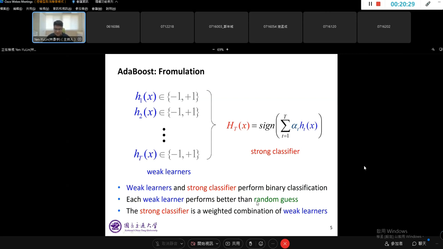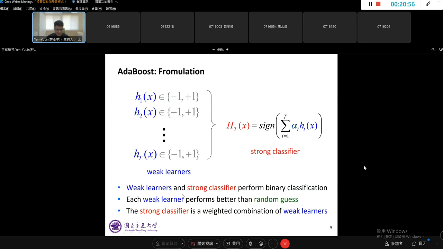Given a data point as input, we randomly guess its label. So its accuracy is about 50% if we consider a balanced two-class classification problem. Each weak learner that performs better than random guess is qualified to be used to construct the strong classifier.